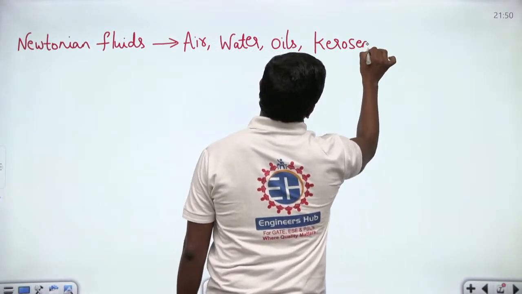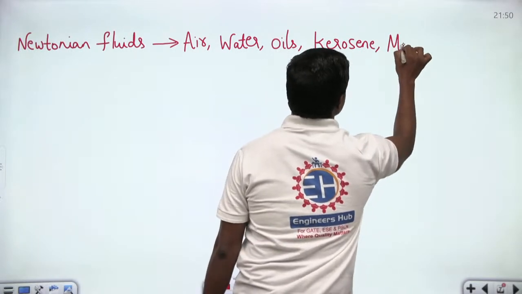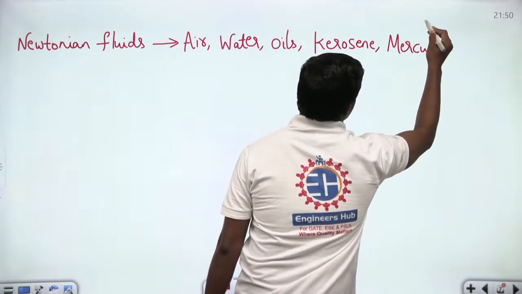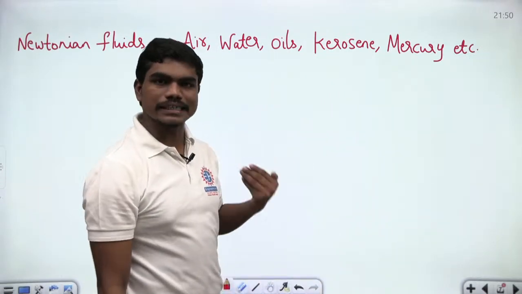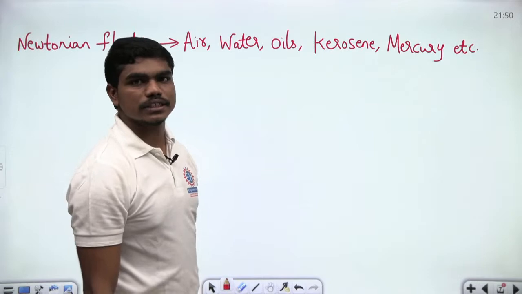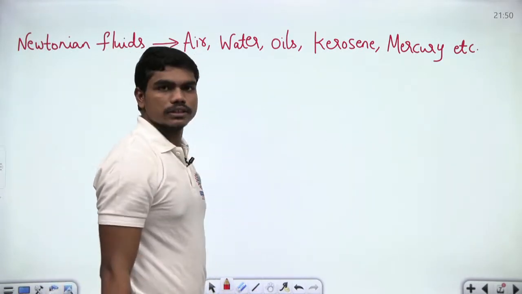You can also add mercury in this list, and these are the fluids that we generally encounter, etc. Okay, so these are the general fluids that we treat as Newtonian fluids because of the small variations in viscosity with respect to shear strain rate.